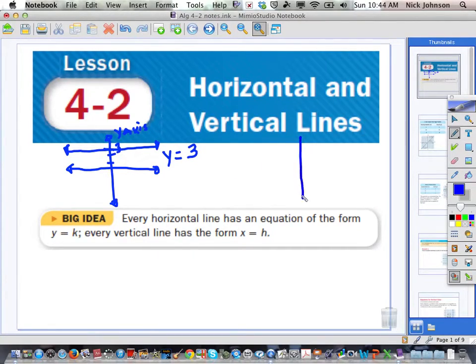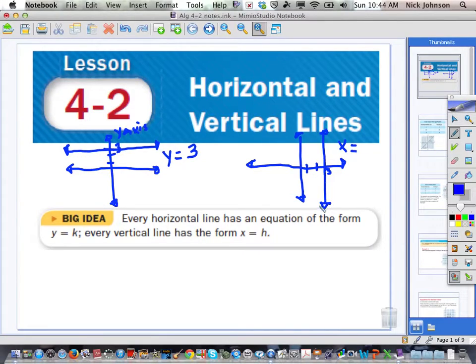Now, much is the same for vertical lines. Okay, here's my coordinate plane. A vertical line is a line that goes up and down. 1, 2, 3. It starts with x equals something.